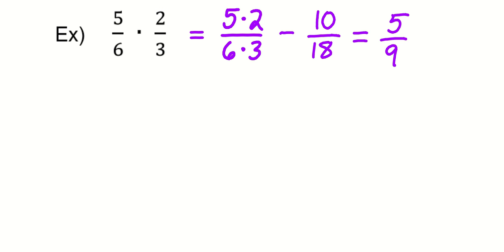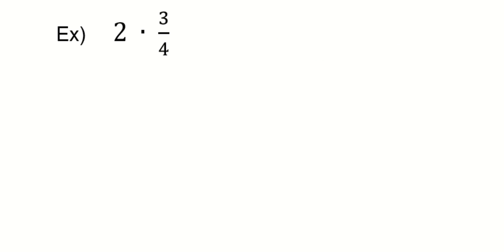But the fact is, potentially, numbers can cancel diagonally, like the 5 and the 3, potentially, not here, or like the 6 and the 2 can actually reduce with each other, and then you can multiply across. But if that seems too much for you, hey, I totally understand. Just go ahead and multiply across to get 10 over 18, and then just reduce that. That's obviously an option.